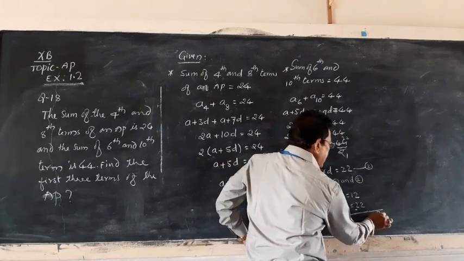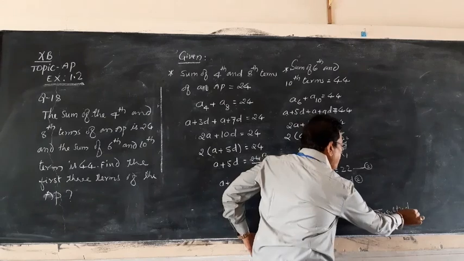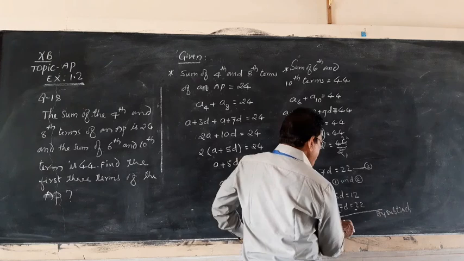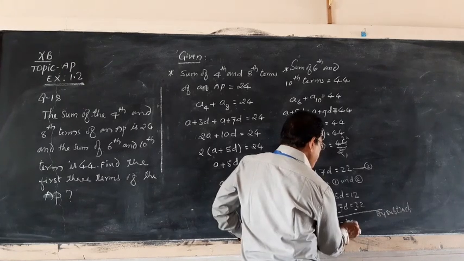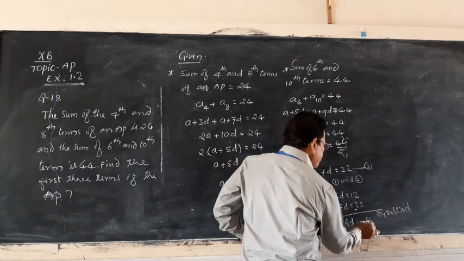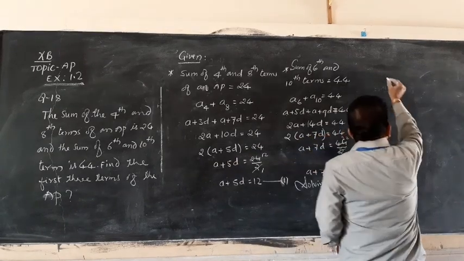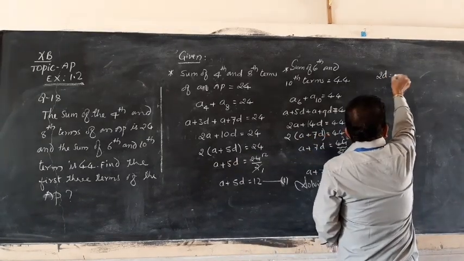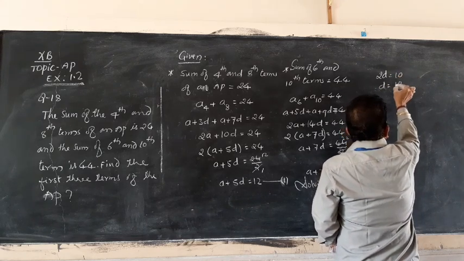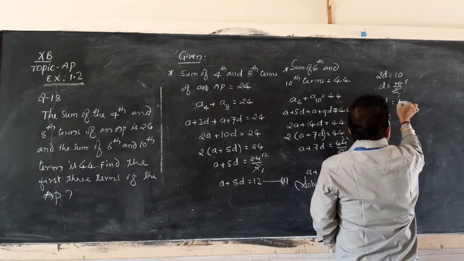By subtracting, A minus A gets cancelled. Minus 2D equals minus 10, so 2D equals 10. Therefore D equals 10 by 2, that is D equals 5.